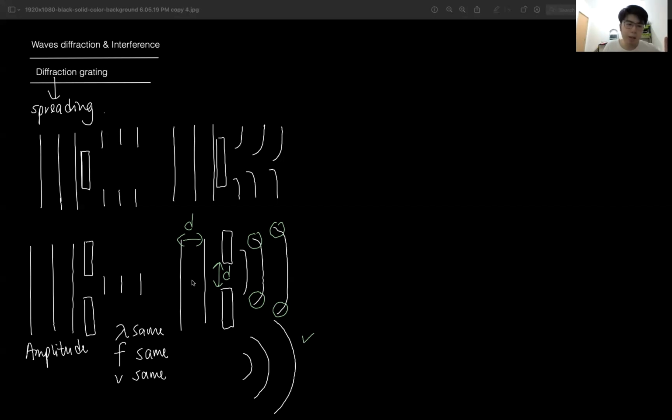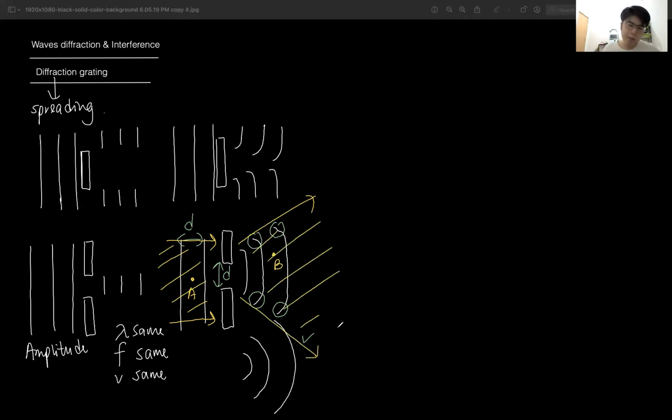If I take one point here, let's call it point A, and another point here, B. Before the diffraction, it is traveling in this region, right? After the diffraction, they spread out, so you have a bigger region. So the total energy is the same.